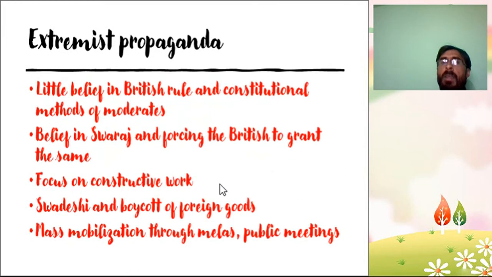Then, extremist propaganda. This was also a factor which forced the government to think in terms of some reforms. In the Indian National Congress, there was a small section, and this came to be known as the extremist section. These extremists did not believe in British rule, and they also did not believe in the constitutional methods of the moderates.